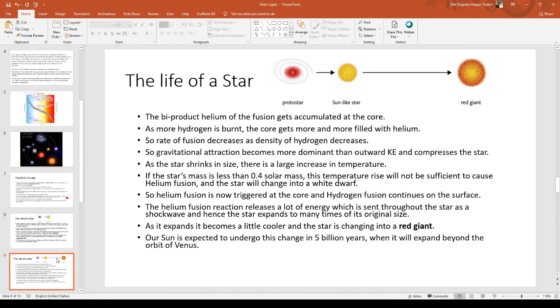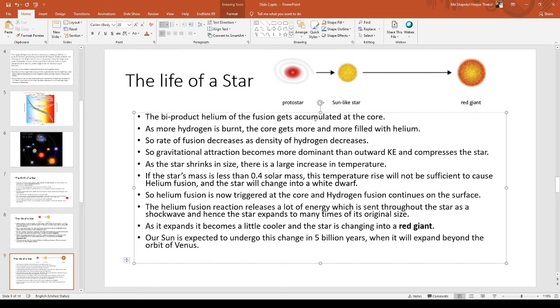That helium is staying, obviously, at the core of the star, at the center of the sphere. At the center of the sphere, that helium is getting accumulated. That's a proper word to say.